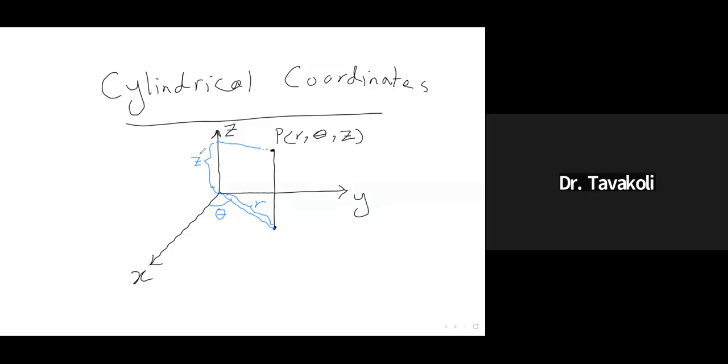Some surfaces are easier to describe using cylindrical coordinates, and especially the solids which have been enclosed by those surfaces. Suppose the solid or the volume that we have looks like a cylinder.